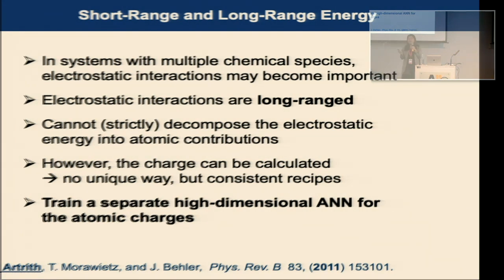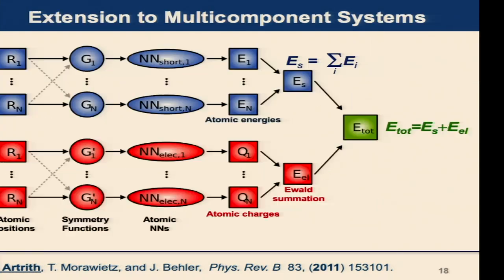We use a similar idea to Behler-Parrinello, and then we include a second set of neural networks based on atomic charges. And now in our new diagram, the total energy comes from two parts: energy from the short range and energy from the long range.